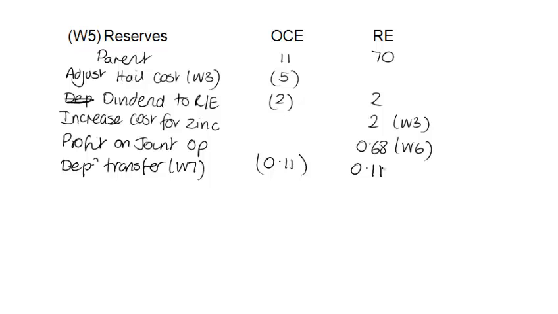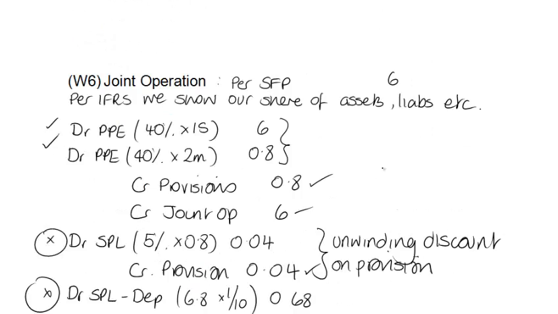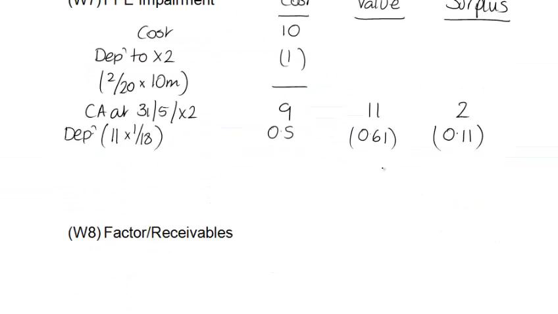We now have to reflect the impairment. So the value of the asset in the accounts, what have we got here? We've got 1.89 in our revaluation surplus. The asset value is showing at 10.39.